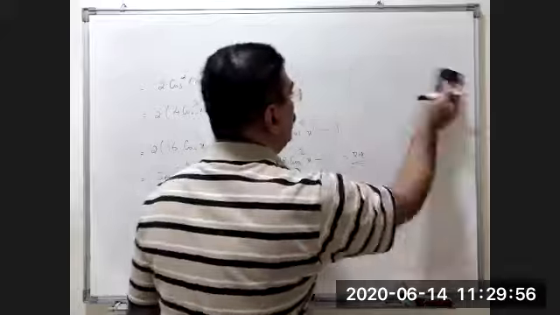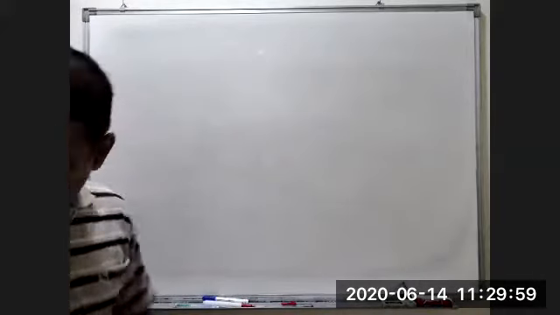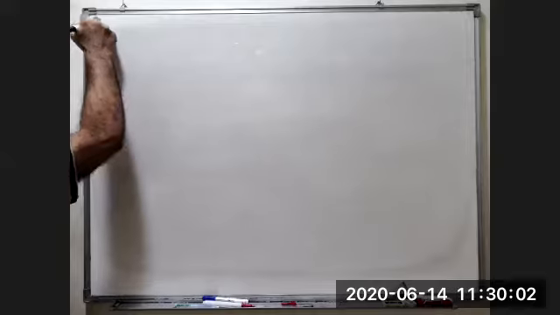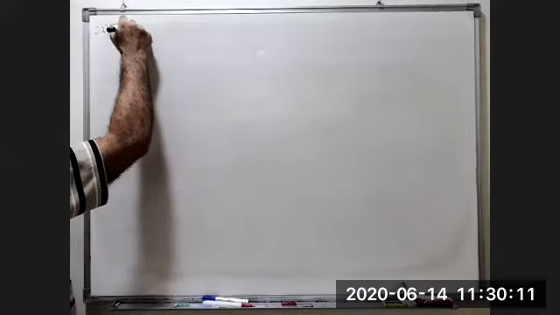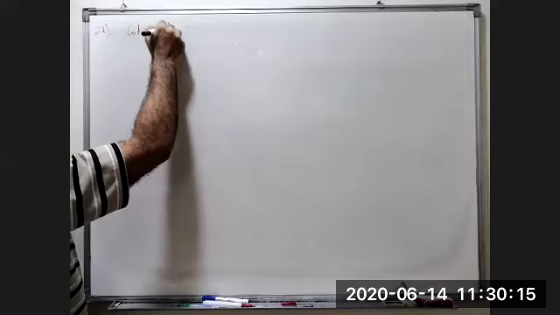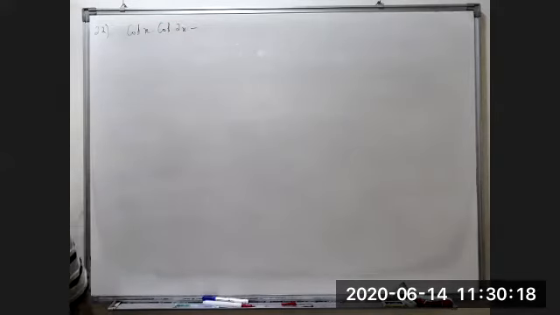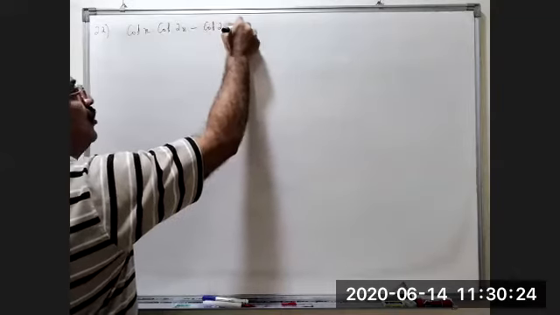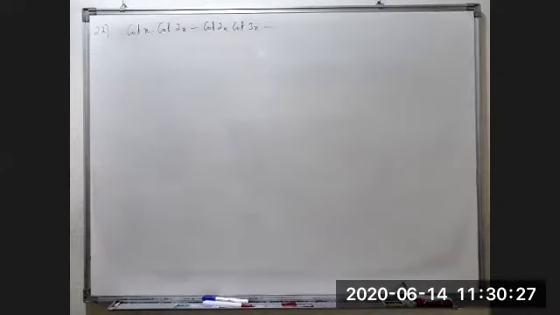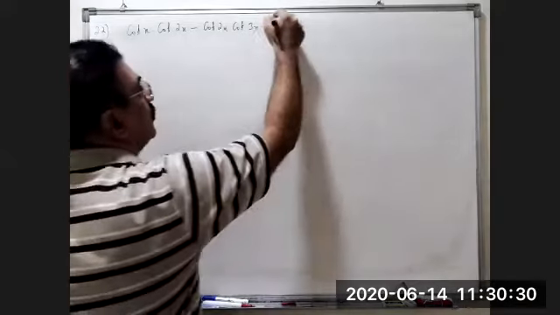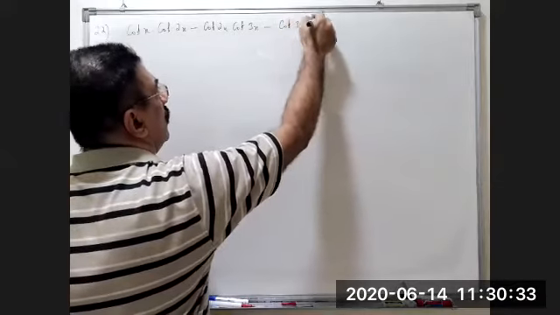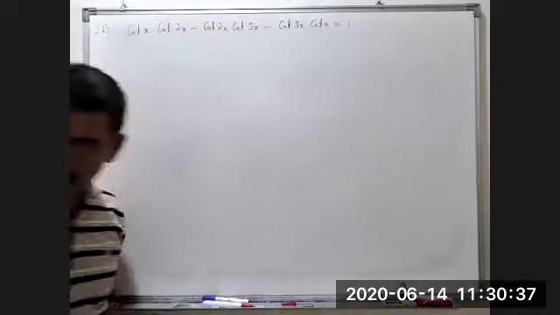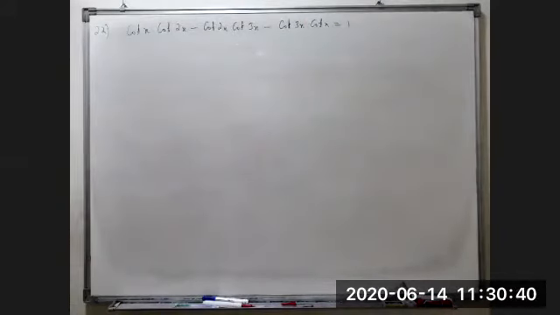Question number 22 is: prove that cot x cot 2x minus cot 2x cot 3x minus cot 3x cot x is equal to 1.